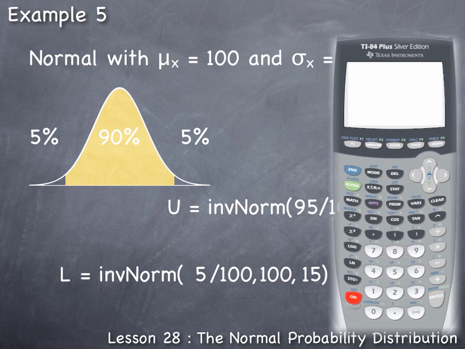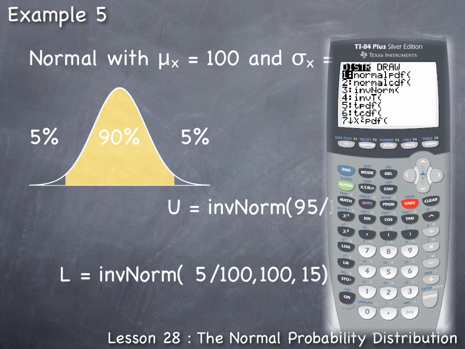The inverse norm command is found by going second, DISTR, arrow down to inverse norm, press enter to select. For the lower limit, we had 5 divided by 100, comma, 100 for the mean, comma, 15 for the standard deviation. Parenthesis, enter, and we get about 75.3.